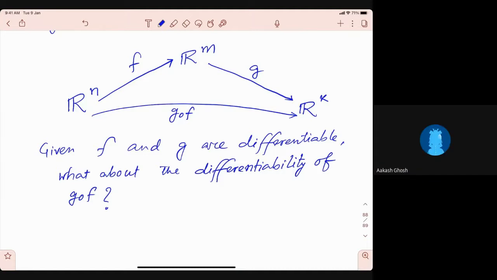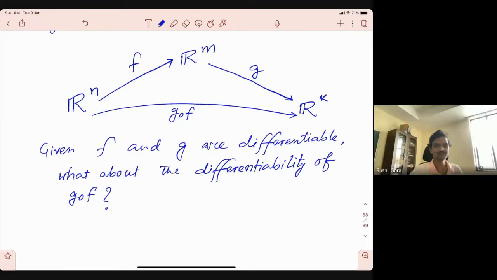I think yes. Okay. So what would be the right candidate for the linear transformation?